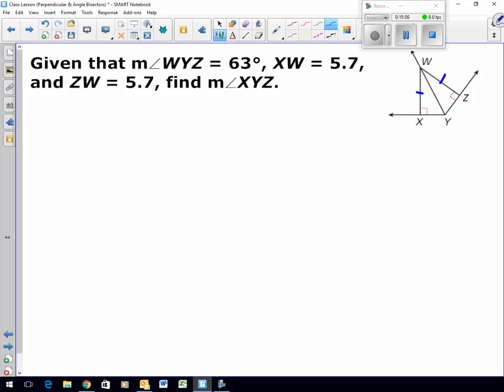Okay, Jordan. I have a theorem that says if a point is equidistant from the two sides of an angle, it serves as the angle bisector. Yes or no? Yes. Okay, we're doing okay. All right, so if this measurement WYZ is 63, what would the entire measurement be?